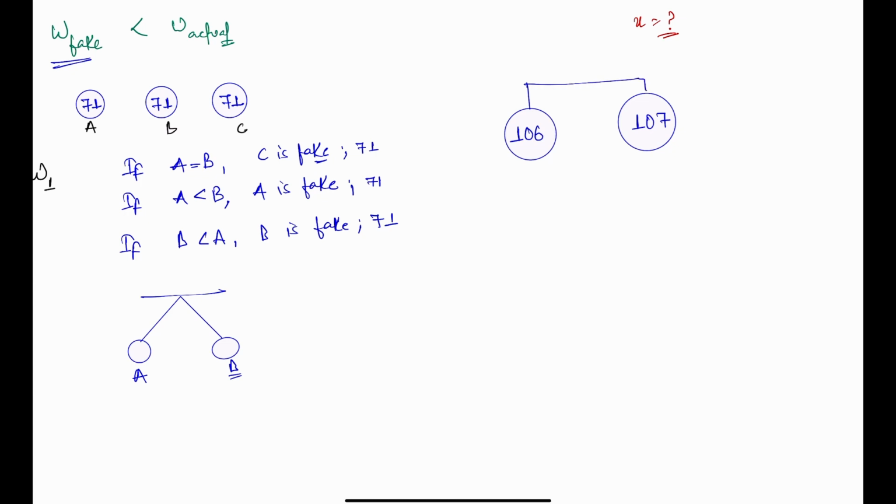Also, the fake is lighter, so it's hard to find out whether this group has the fake or not, that's why the other way is easier. Suppose it's even at 107, we can find that this has the fake coin. Next time how many coins do we need to deal with? 107, but here we just need to deal with 71 coins. So for the optimum work we should use this 3 concept.